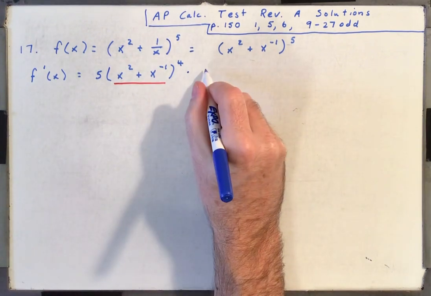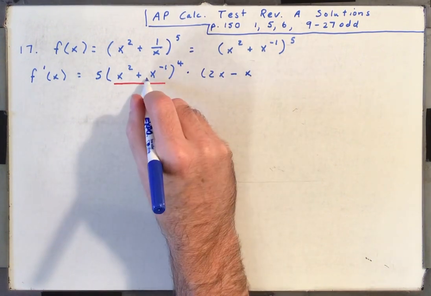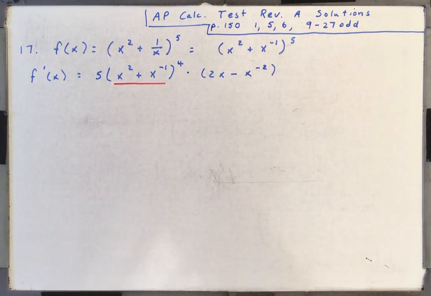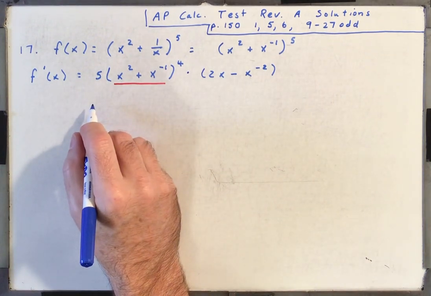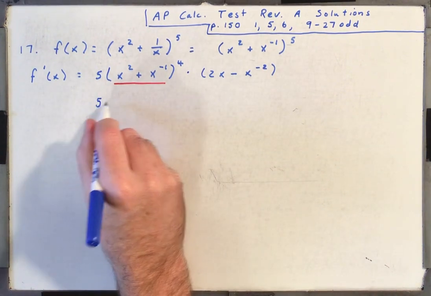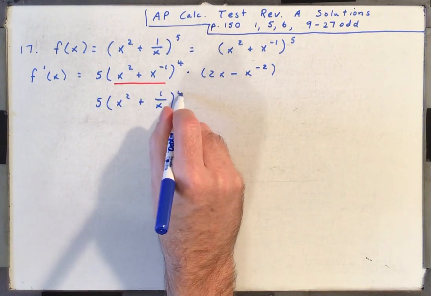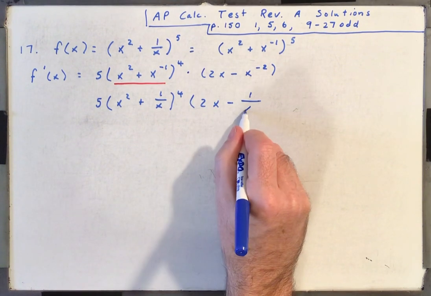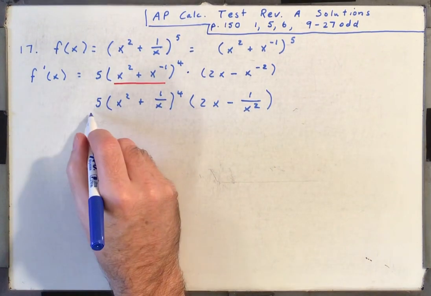So that's going to be times 2x minus x, negative 1, bring it out front, to the minus 2. Okay, so probably the only thing that we need to do here to clean this up is to take these negative exponents and make them positive. So that's going to be 5 times x squared plus 1 over x to the fourth times 2x minus 1 over x squared. All right, and that is good enough for me.